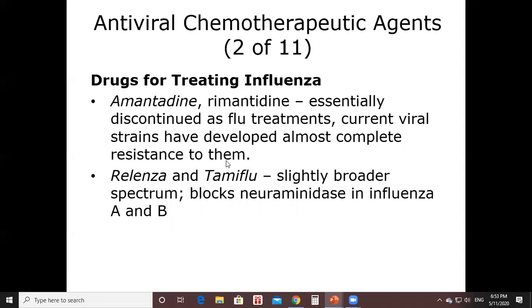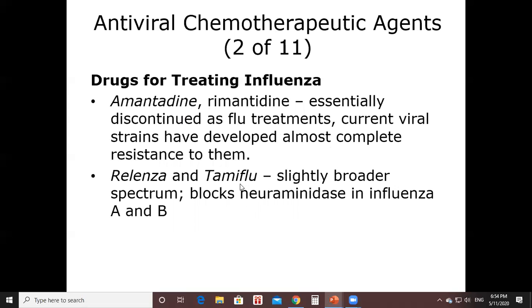Because current viral strains have developed almost complete resistance to them. We used them so much, giving them to everyone that came in, and it killed off the susceptible ones. That means the flu viruses that were left were not susceptible to these, so we essentially discontinued them because just about all viral strains are now resistant.